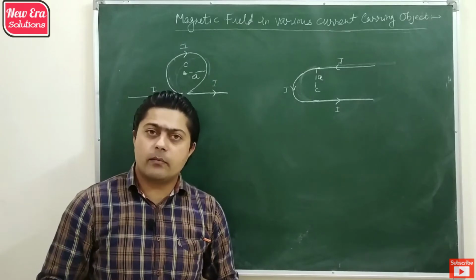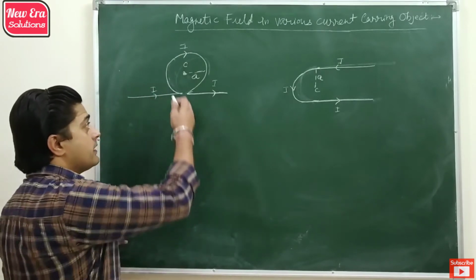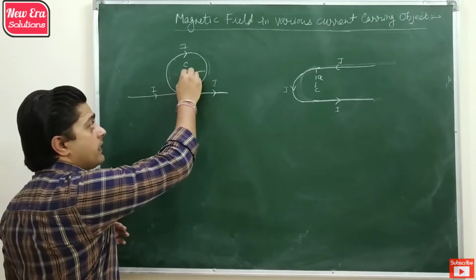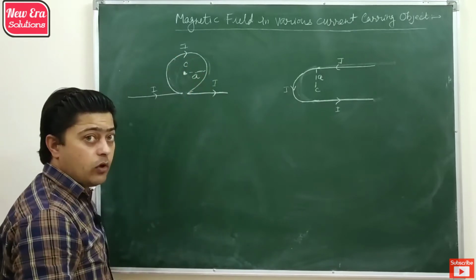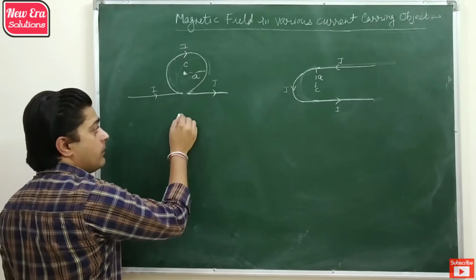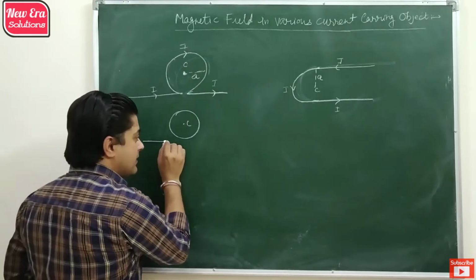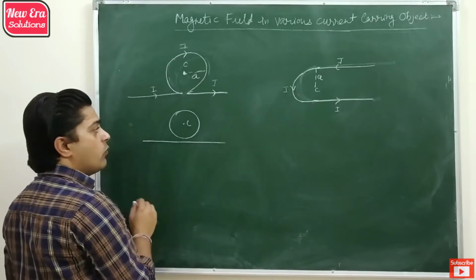Let's take some more examples to illustrate Biot-Savart's law. In the first example, in this shape, if we want to find the magnetic field at the center of this loop, we can assume this loop as a complete circle and the remaining part as a long straight wire.